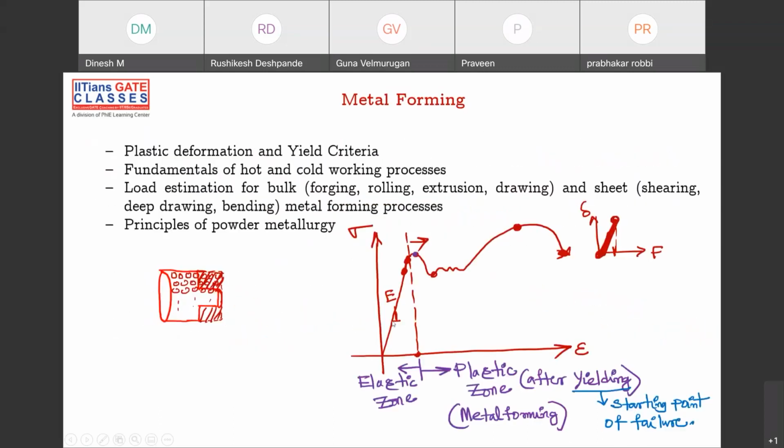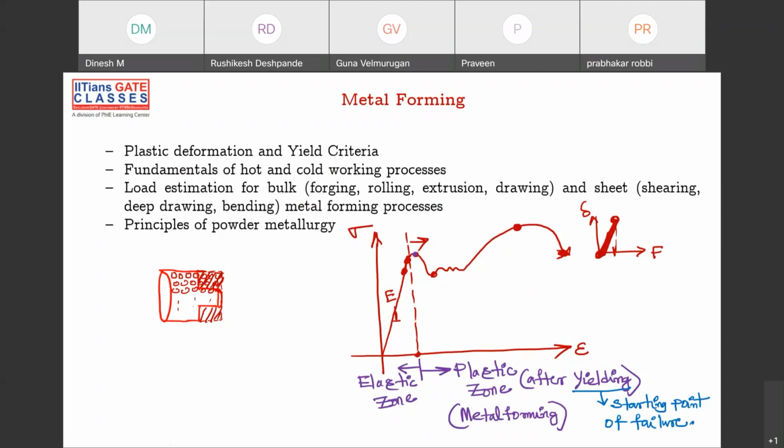Okay, so these are the syllabus for metal forming. Anyways, in metal forming, generally if you are shaping it, in the sense you are applying some mechanical forces, you are applying some force. You are applying a compressive force or tensile force, be it something, but you are applying some force. Let's say if you are applying some tensile force on an object, you are just pulling the object.